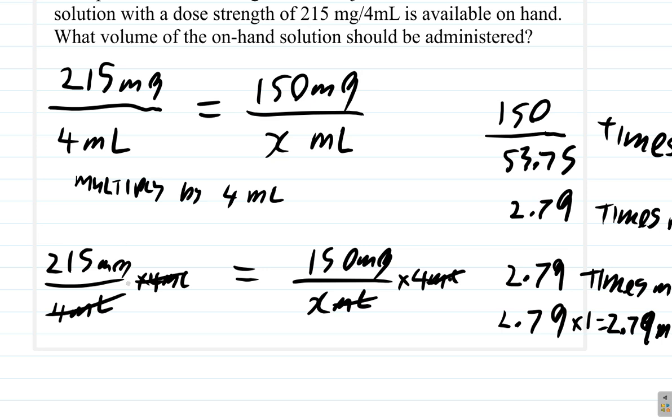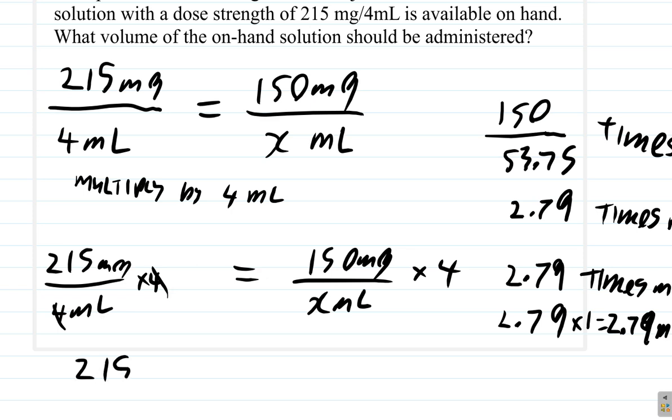Now, here, if you don't consider the milliliter, let's just multiply by the 4 alone. So you multiply by 4. 4 cancels 4.